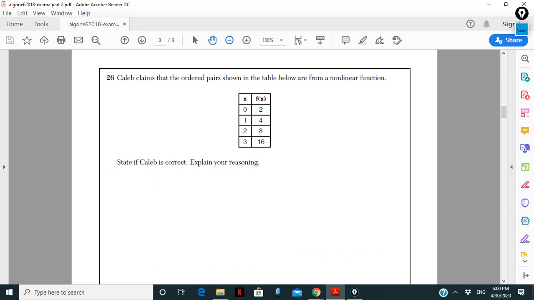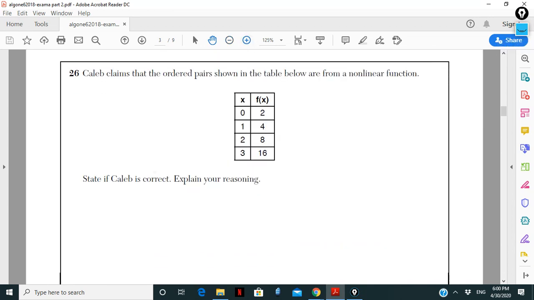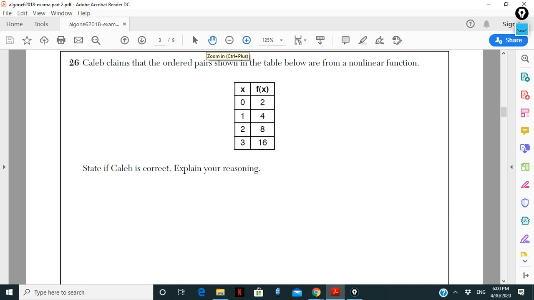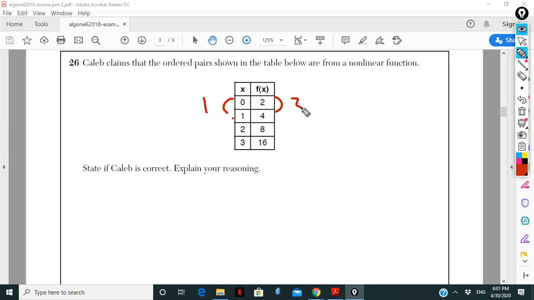Now, Caleb claims that the ordered pairs shown are nonlinear. So if it's nonlinear, I'm not going to have the same rate of change. So here it's 1, here it's 2, here it's 4, here it's 8, and the differences are 1, 2, 4. So it doesn't follow the same rate of change.